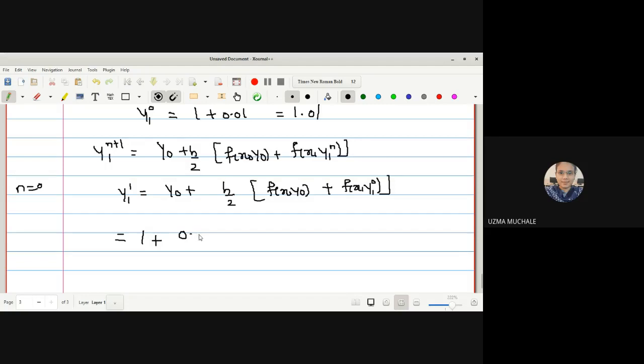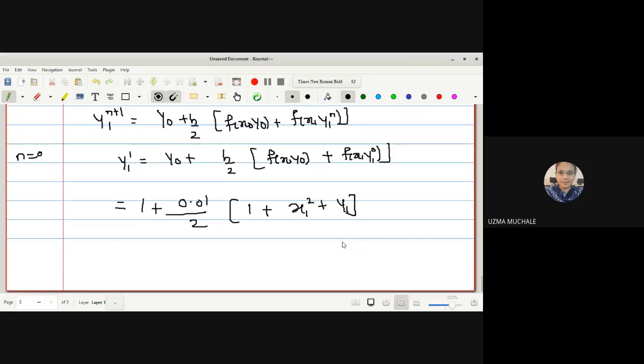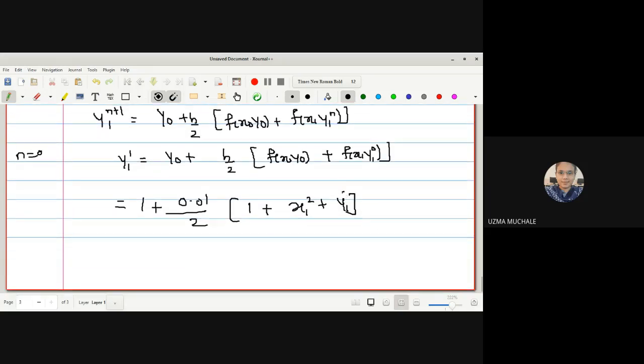It is 0.01 divided by 2 times f of x naught y naught, which is x naught square plus y naught, that is 1, plus here we will get x1 square plus y1 naught. Now you know what is the value of x1 square plus y1 naught. Just put the values and tell me the answer, y1 raised to 1.